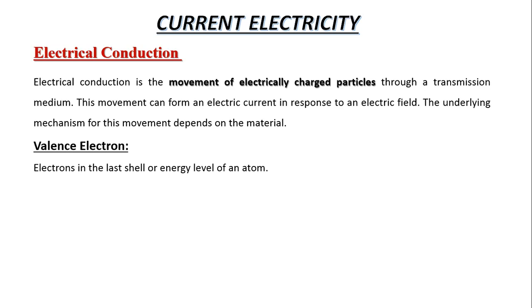The very last shell of any atom also contains a particular number of electrons according to its atomic number, and the number of electrons present in the last shell are called valence electrons.